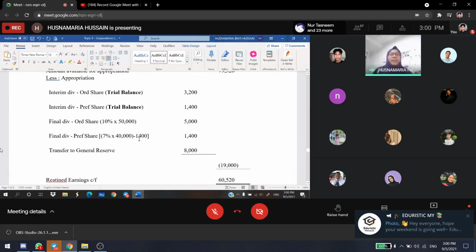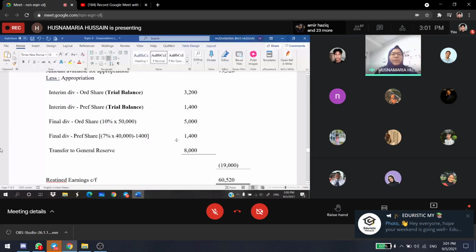Therefore, since the limit is 2,008, we only transfer the remaining amount. So that's why the percentage is given early at the beginning of the year.